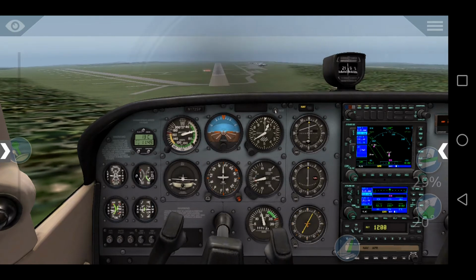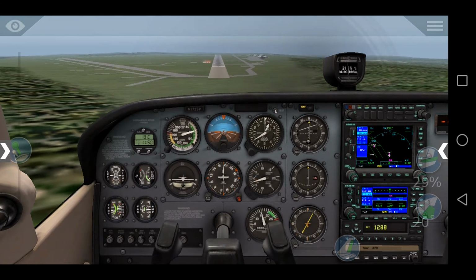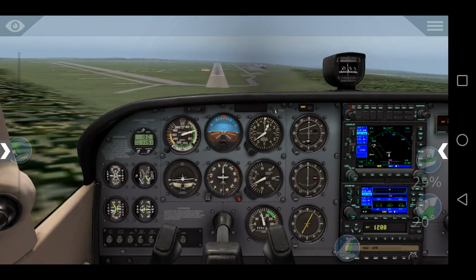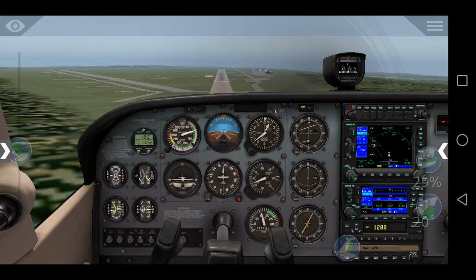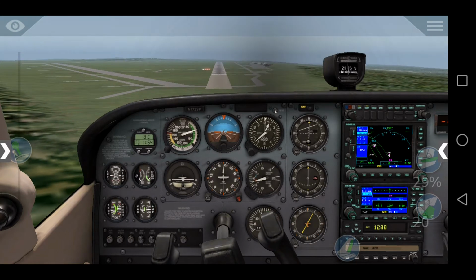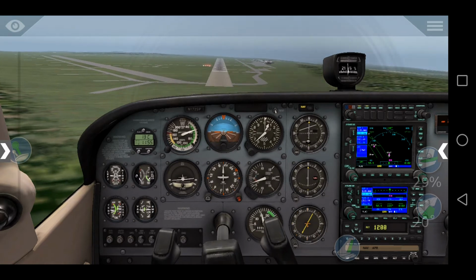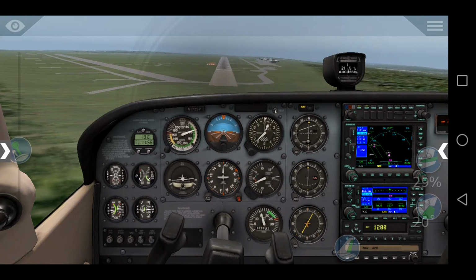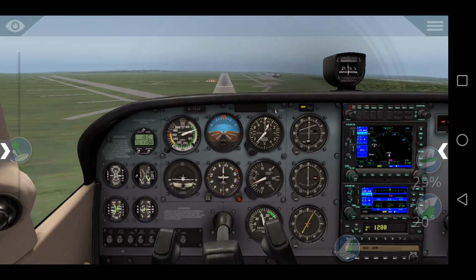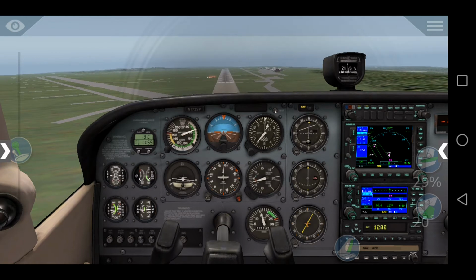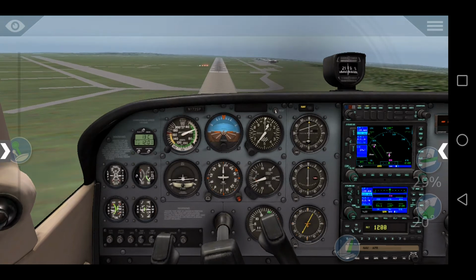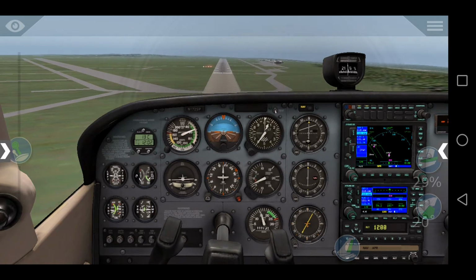Yep, the speed is coming all the way to 60 knots. I'm going to try and maintain some level flight until I intercept the glide slope once more and bring the aircraft down.